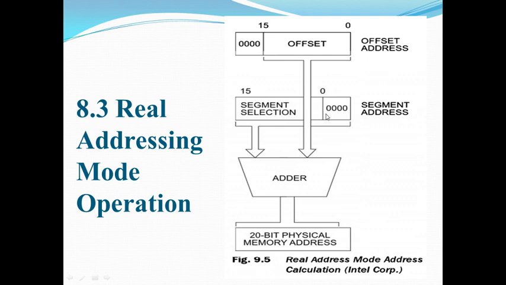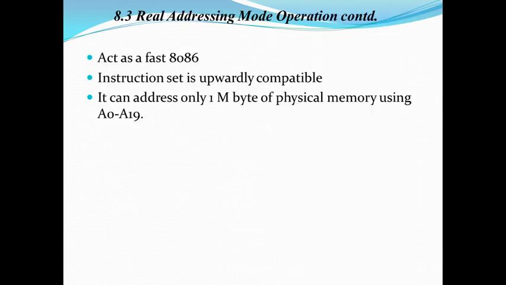In the same way, the physical address of the 80286 in real addressing mode is calculated. So the real addressing mode of the 80286 works exactly the same as the 8086, with the same properties, so it acts as fast as the 8086. The instruction set is upward compatible.